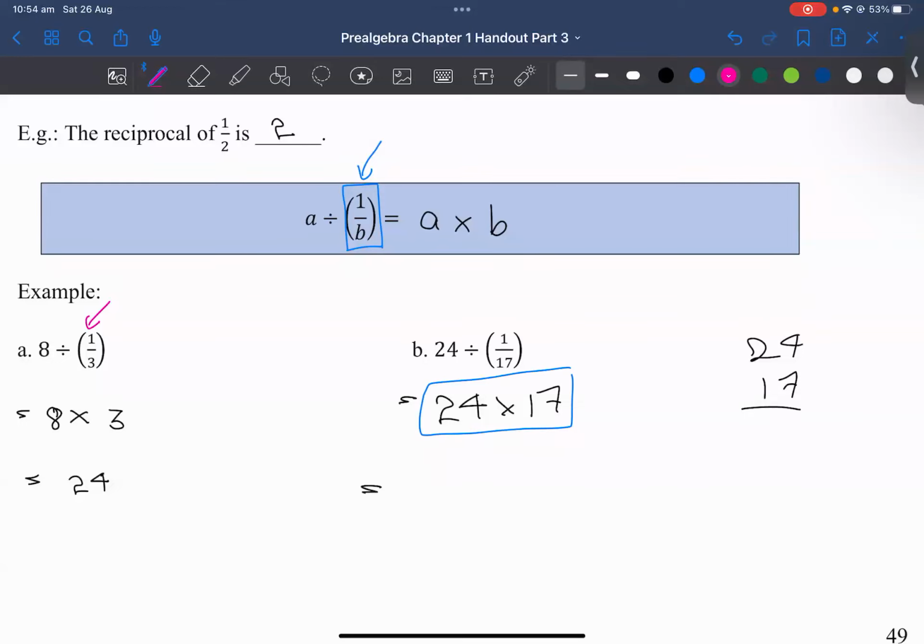Carry the 1. You did 17, sorry. But for 168, you carry the 1 again to get an extra 1.